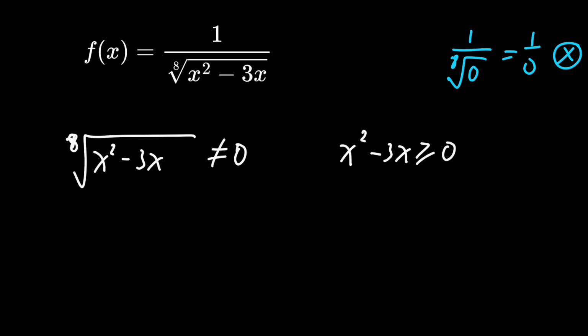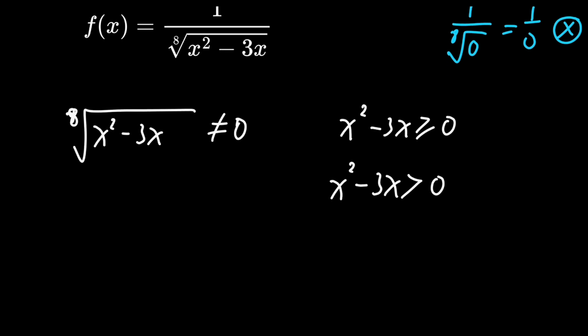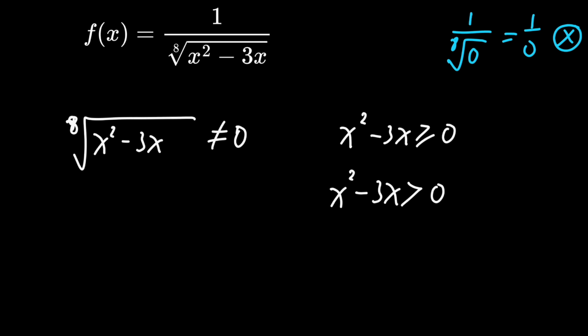So that's why we want to manipulate this inequality by rewriting it as x squared minus 3x greater than 0, without the equals, since we have this thing right here to restrict this boundary. And then we can factor out this variable x.